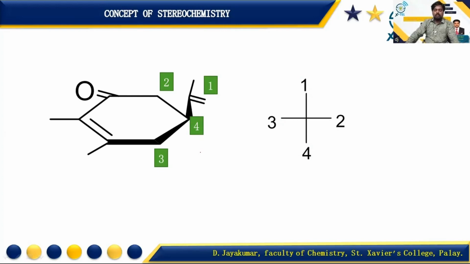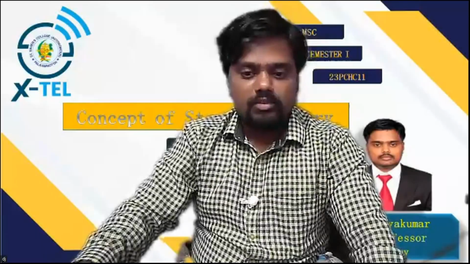That's right. Because it is away from me, and my eyeball goes in a clockwise direction, seeing 1, then 2, followed by 3, it is R. So this is R. If this is R, the other molecule should obviously be S. Correct? Anyhow, you can try for yourself. Thank you very much for the participation.